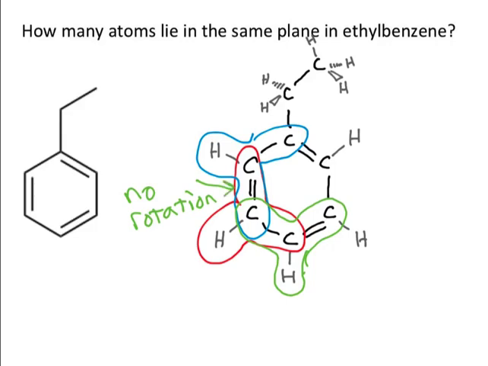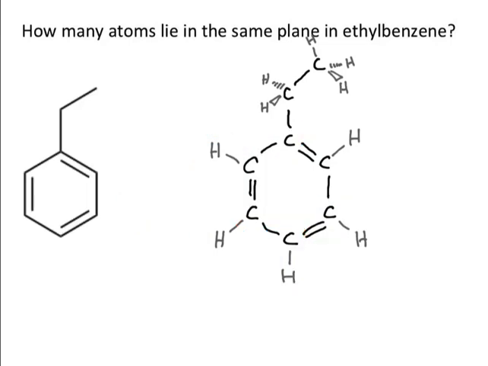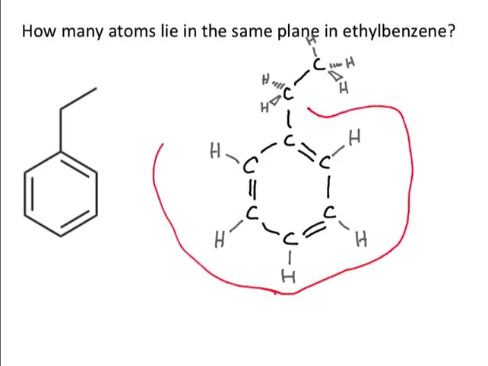And indeed, that's one of the features of this benzene ring, it's called, where you have 6 carbons with alternating double bonds, is that it's planar. So if you work your way around this ring, you'll see that all of these atoms are all in the same plane. Now we just have to think, how far up this ethyl chain does this go?